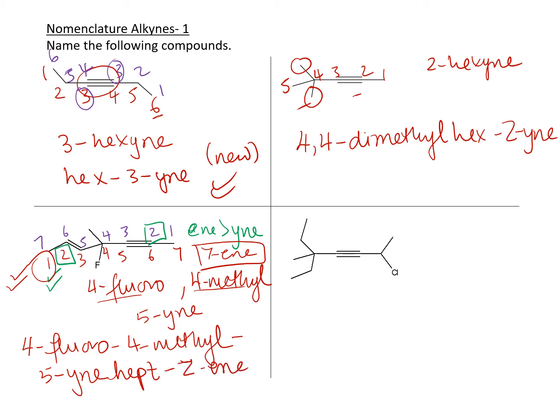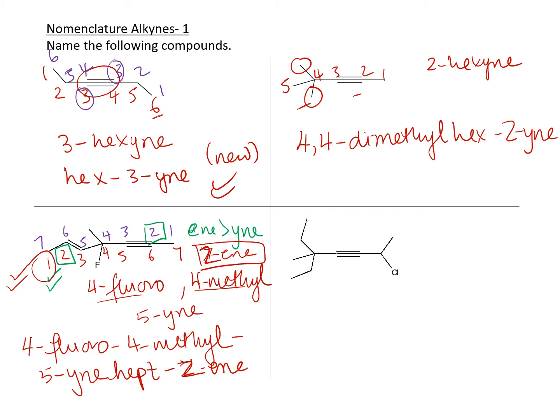So here I had it wrong. This is supposed to be 2 over here. So 2-ene. It's a pretty long name, and that's how you would do it if you had a double bond and a triple bond in there.